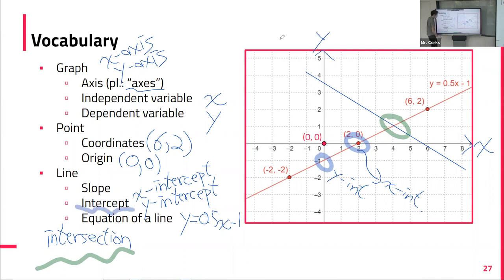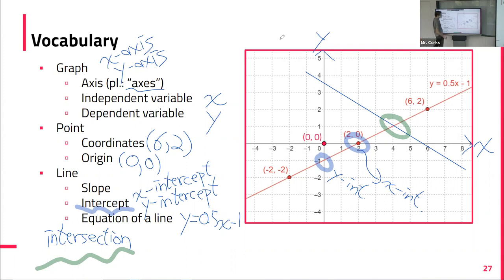So intercept is a special kind of intersection with a different name for it. It's important to keep those two things clear. Intercepts are very useful to talk about, especially with linear relationships, so we'll be using those words a lot.